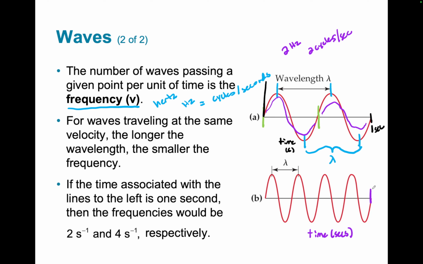And this is 1 second right here. You can count up how many complete waves we have. 1, 2, 3, and then 4. So since we have 4 complete waves, then we know that this guy here is 4 hertz, or 4 cycles.